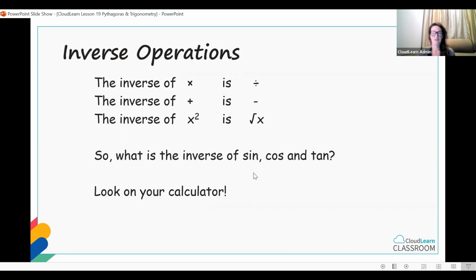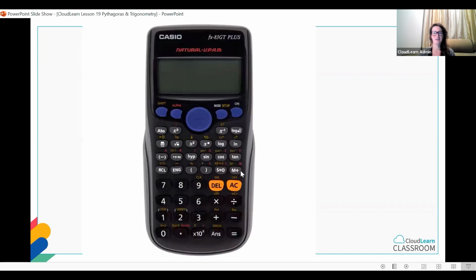They are on your calculator, and they are literally just written as sine inverse, cosine inverse, and tan inverse. Most calculators look a bit like this. It's kind of an old calculator now, but it's pretty similar to what you're likely to have in your GCSE. They are these ones above the sine, cos, and tan buttons.